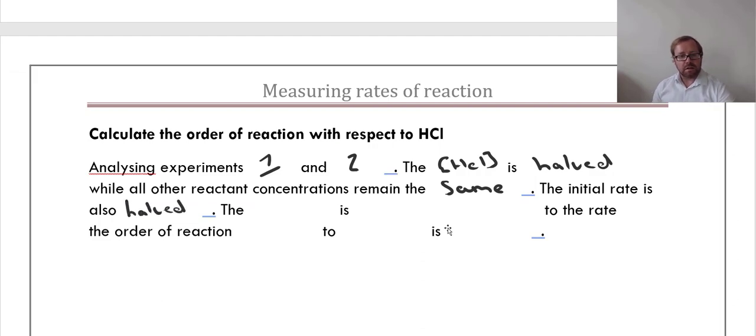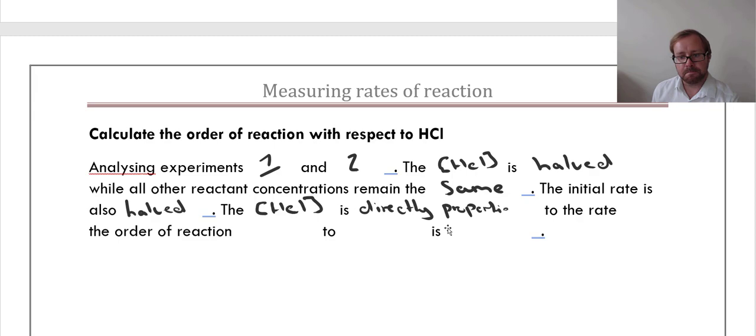So the concentration of my HCl is directly proportional to the rate, therefore the order of reaction, WRT, to HCl is first order.